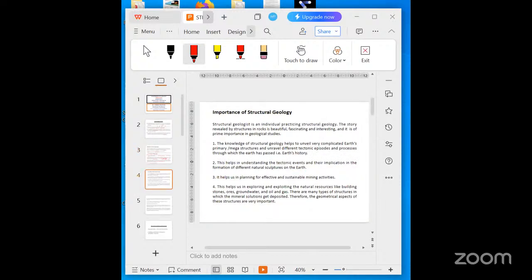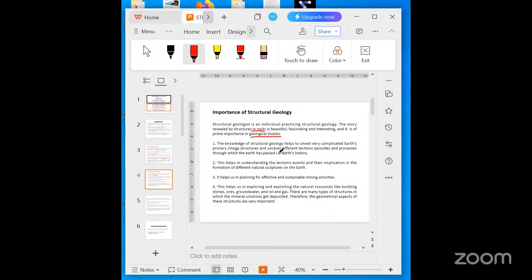Now, what is the importance of structural geology? The structural geologist is an individual practicing structural geology. The story revealed by structures in rocks is beautiful, fascinating, and interesting, and it is also of prime importance in geological studies, right?